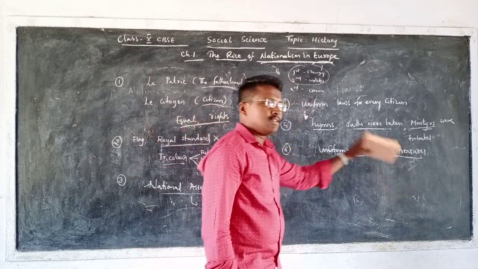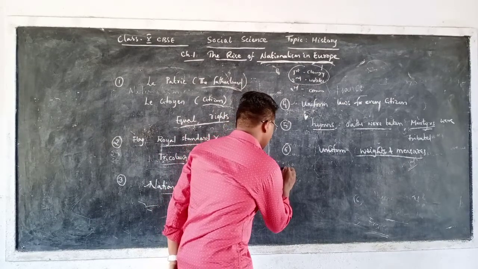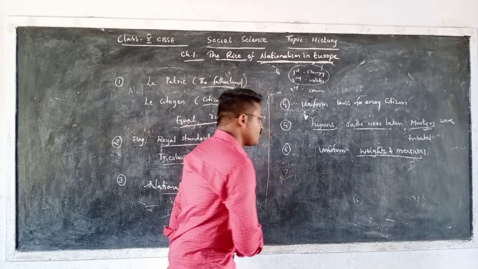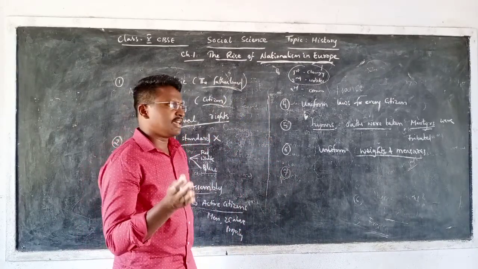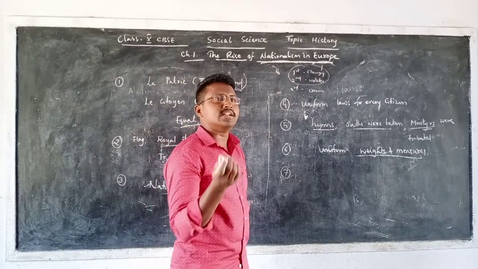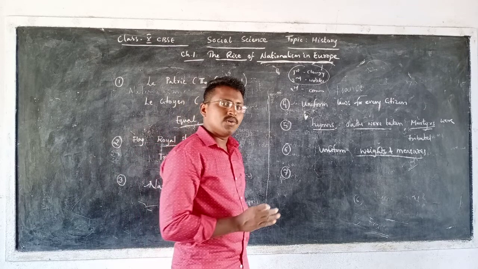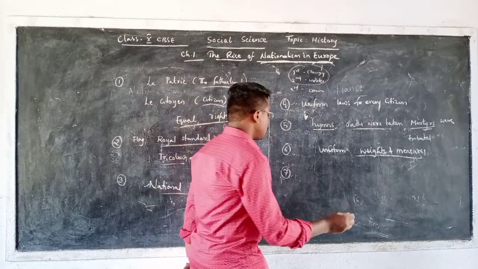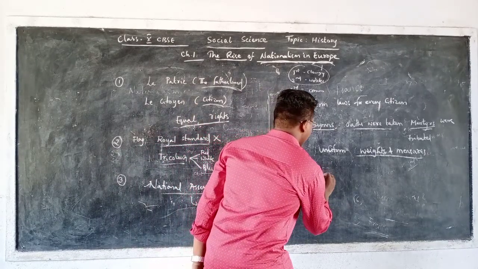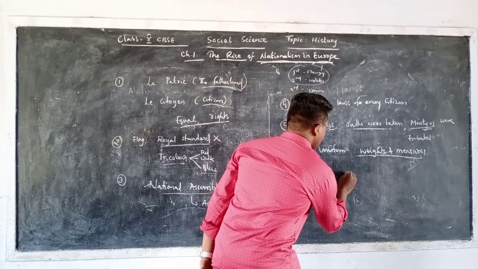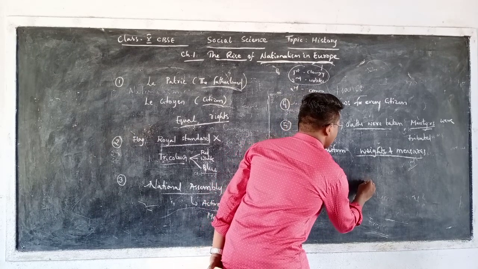Then, the last one: the people of France, of course, have different languages, different regional dialects, or local languages. Now they decided that we should have an official language, that is the French language.